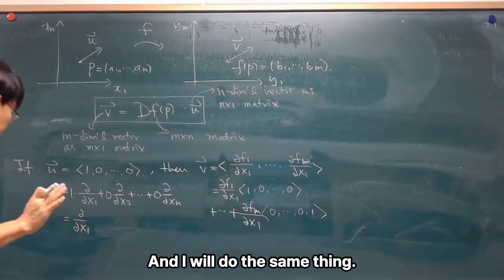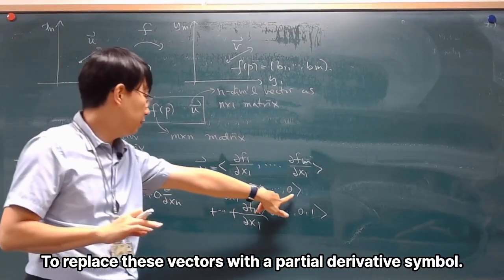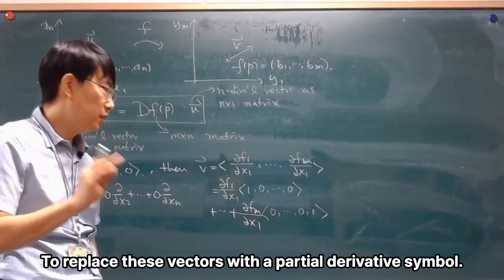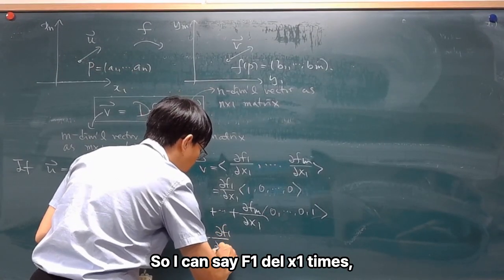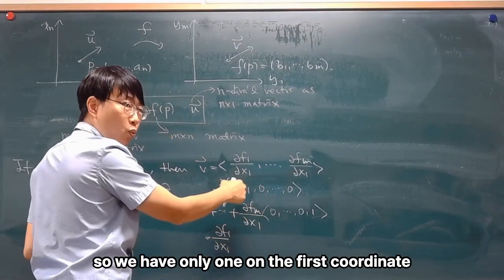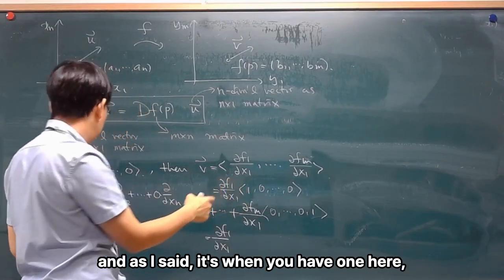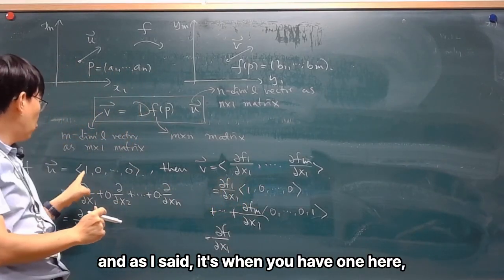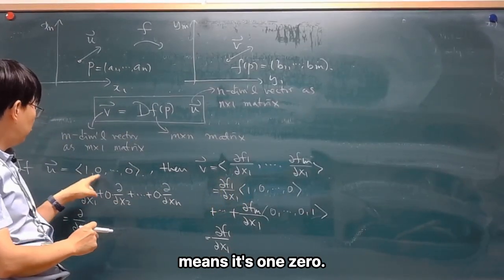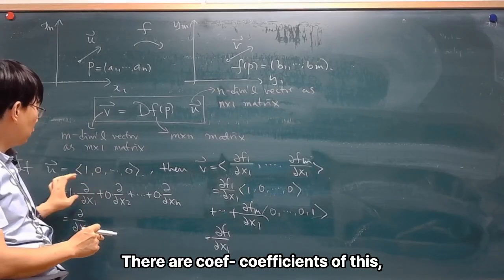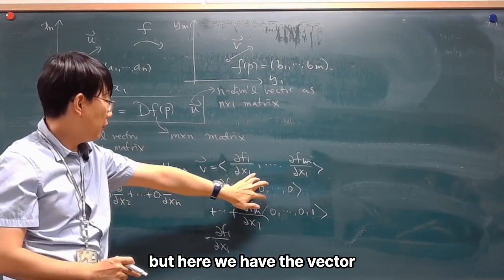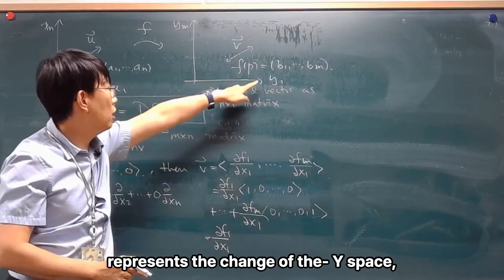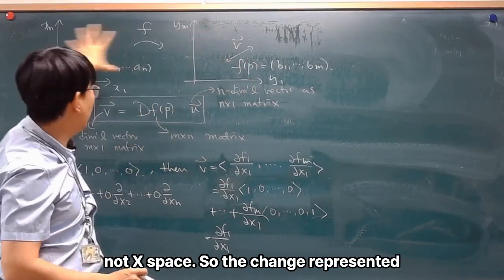And I will do the same thing to replace these vectors with a partial derivative symbol. So I can say ∂f1/∂x1 times, so you have only 1 on the first coordinate. And as I said, when you have 1 here, it means that it's (1, 0). There are coefficients of these partial derivatives here. But here we have a vector that represents the change of the y space, not the x space.